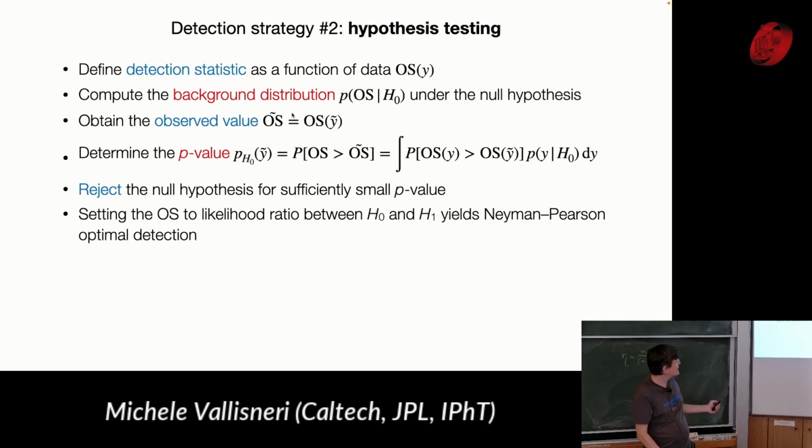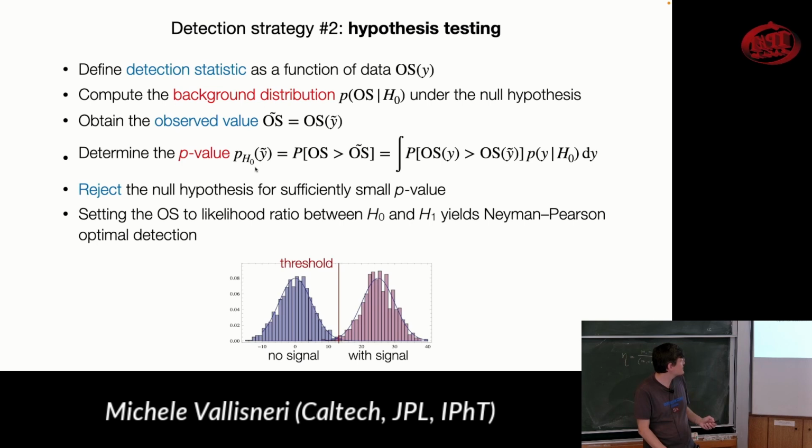You compare that with the value actually observed, and this gives you a p-value, which is not the probability of a hypothesis given the data, it's the probability of the data given the null hypothesis. That can lead you to reject the null, and that would be detection in our case.